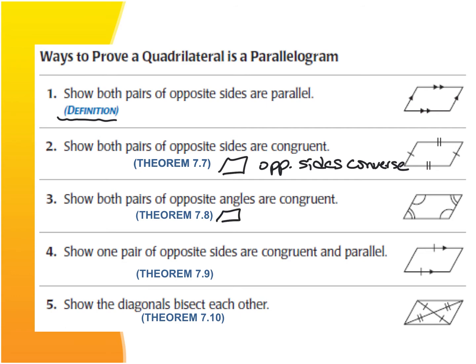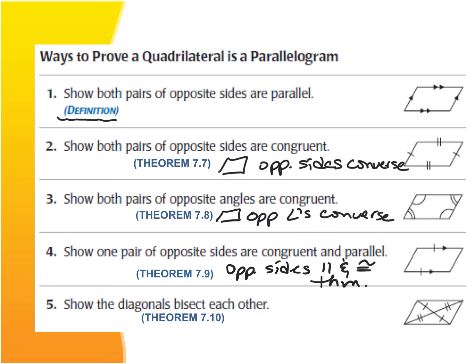Again, that's called the parallelogram opposite angles converse. And then to show that one pair of opposite sides are congruent and parallel, that's the new theorem that we learned. So opposite sides, parallel and congruent theorem.